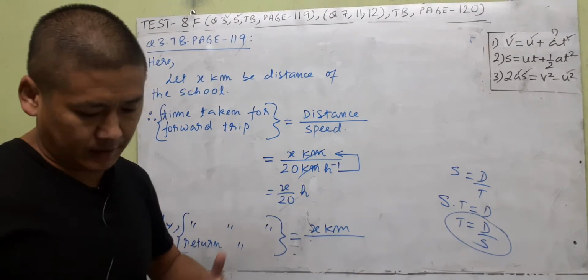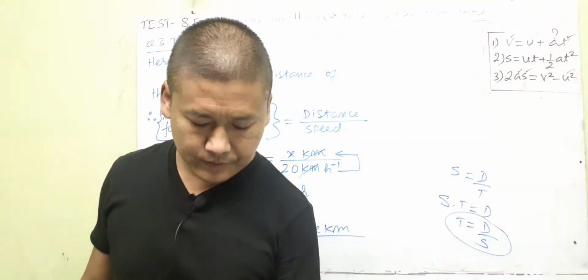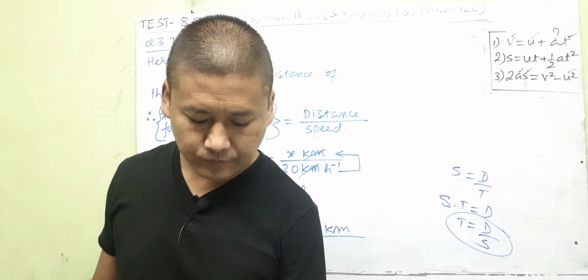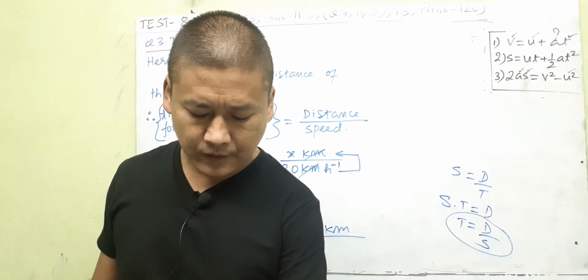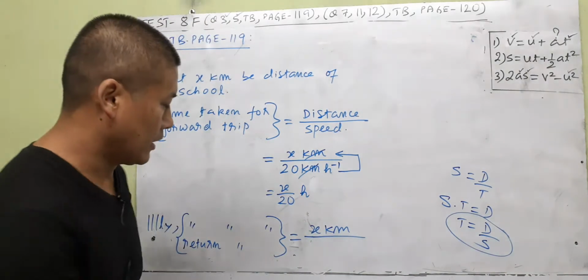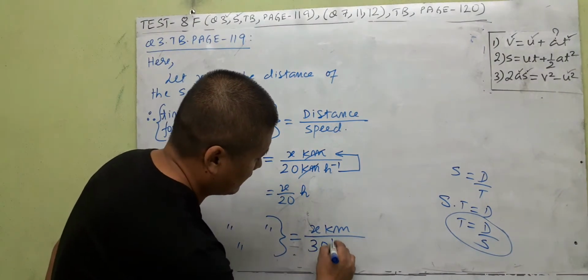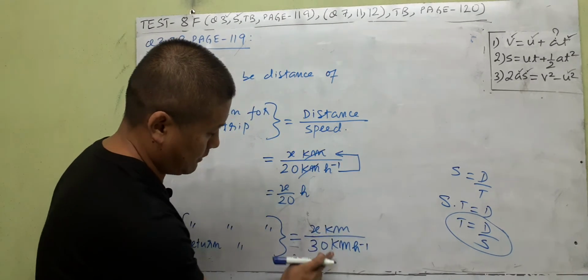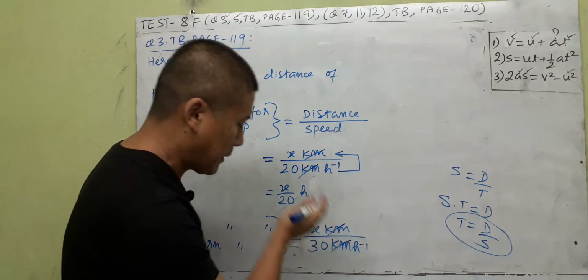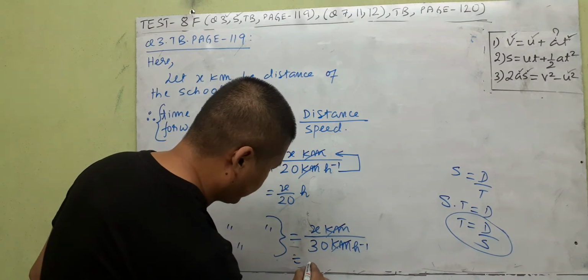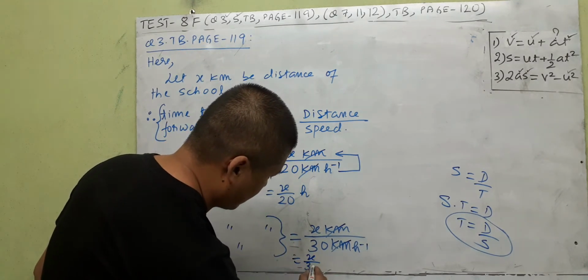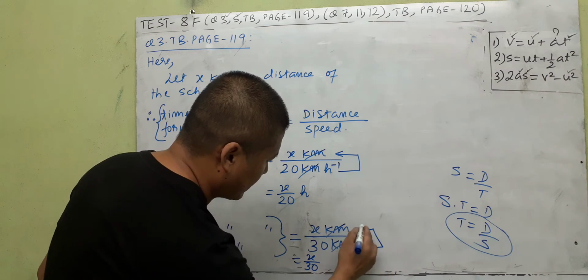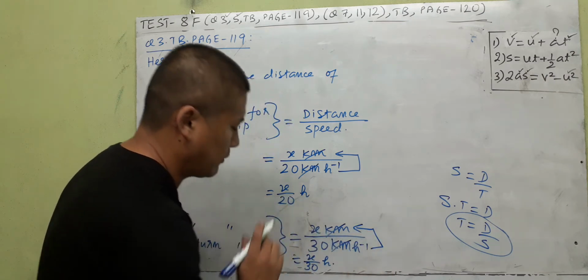Then the speed back is, since on his return trip there is less traffic, the average speed is more, 30 km per hour. So 30 km per hour speed, distance by speed. So kilometer cancels. So you're going to get here x by 30 and hour again shifted up, hour to the power plus 1.